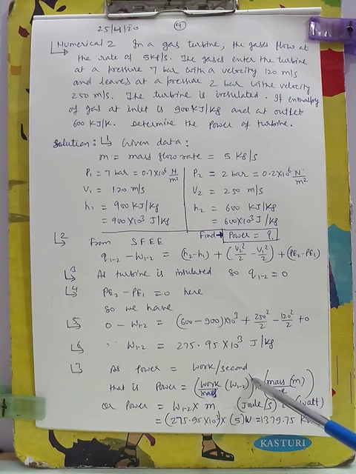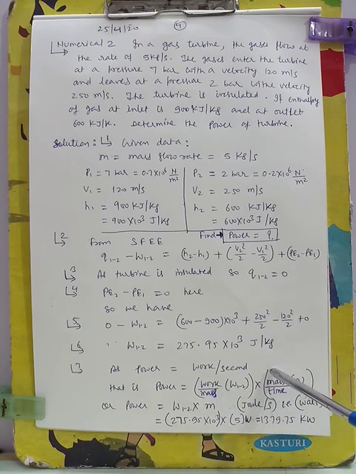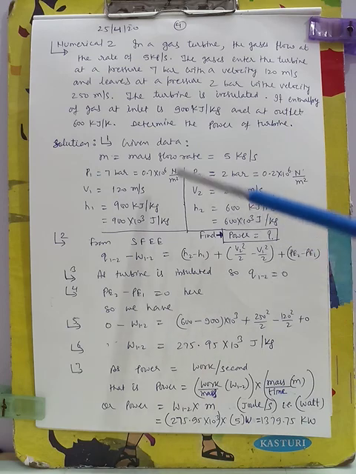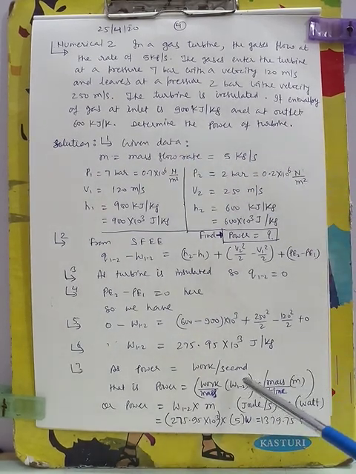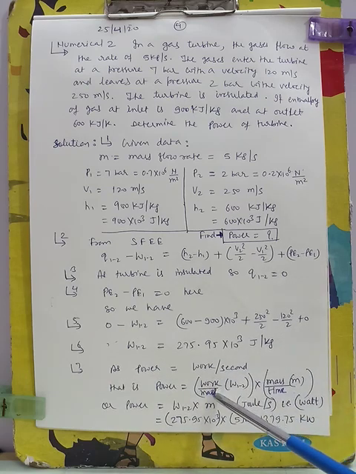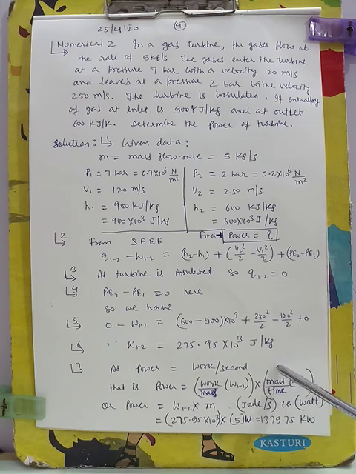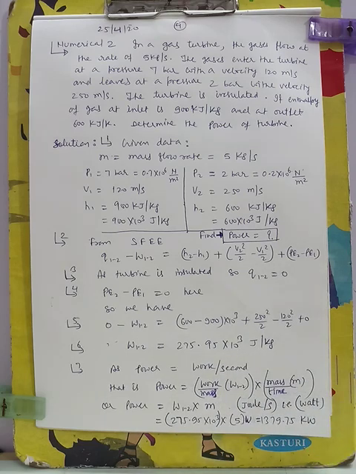But we have been given the mass flow rate, that is the mass per unit time. The mass flow rate m is given as 5 kg per second. So when we multiply W12, work per unit mass, with m, mass per unit time, the mass will cancel, and we will get work per unit time.